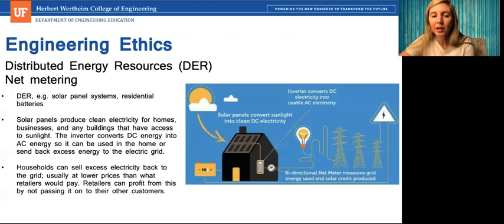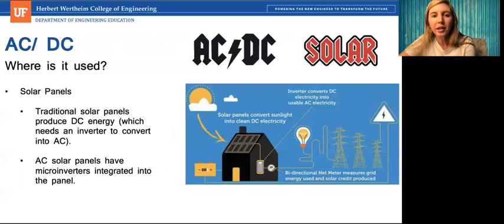So basically, like I said in the previous slide, you can generate enough electricity to power your own home. But if you live in a very sunny place that gets a lot of direct sunlight, you can produce more electricity than you actually utilize in your own home on a daily basis.